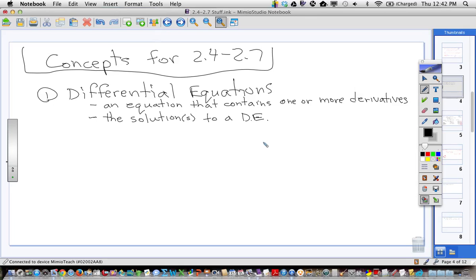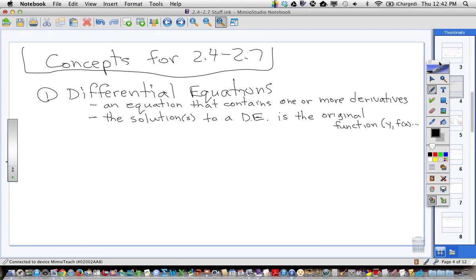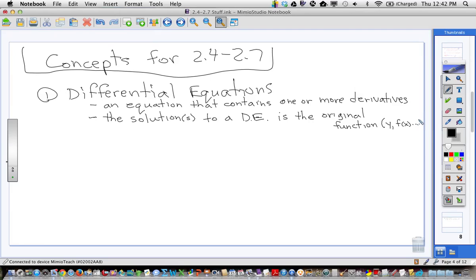We usually abbreviate that DE, a differential equation, DE. The solution or solutions to a differential equation is the original function y, f of x, etc.